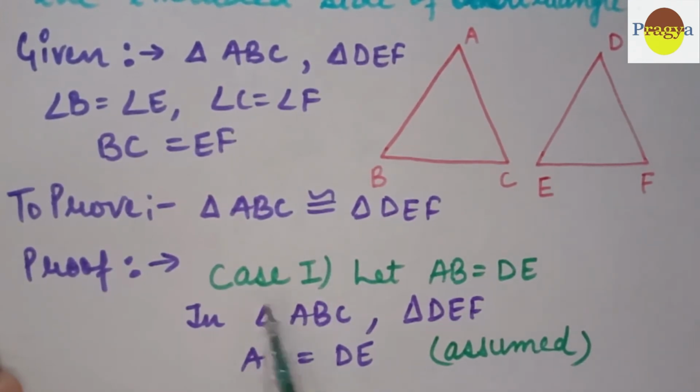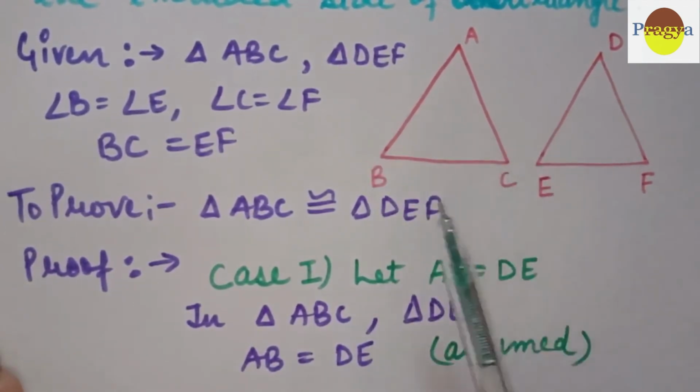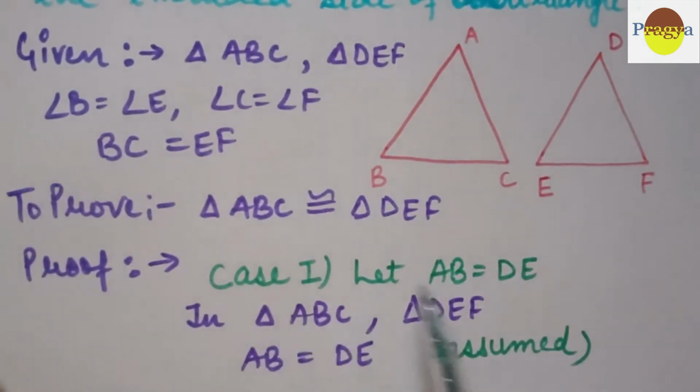So case first, let AB and DE be equal to each other. If these two sides are equal, then in these two triangles, in case 1, in triangles ABC and DEF, as I explained to you, we need only 3 elements. AB equals DE, reason: assumed.